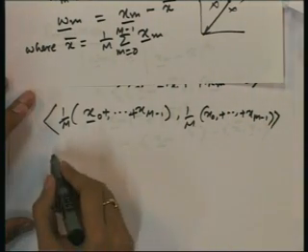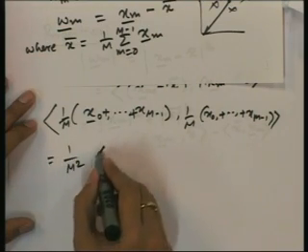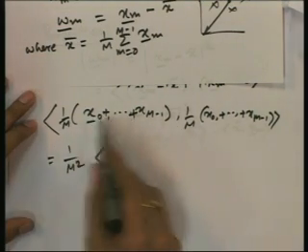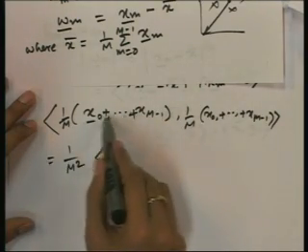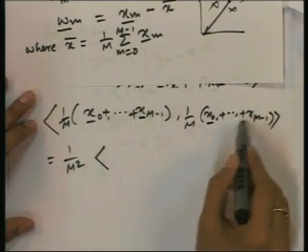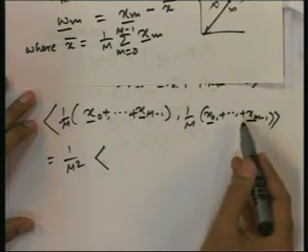If we take this inner product, 1 by m square will come, and then the inner product of each combination: x naught with x naught, x naught with x1, all these inner products we have to take. But this signal set was orthogonal. So, inner product of x naught with x1 will be 0, x naught with x2 will be 0, and so on.